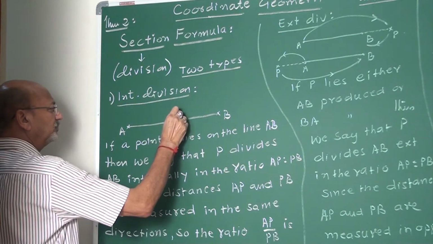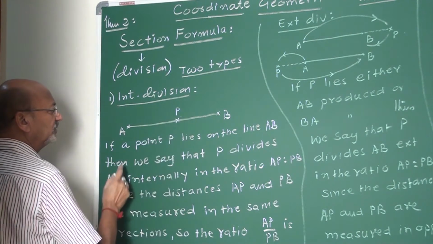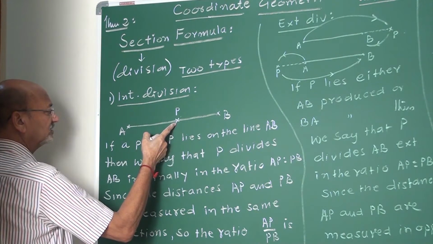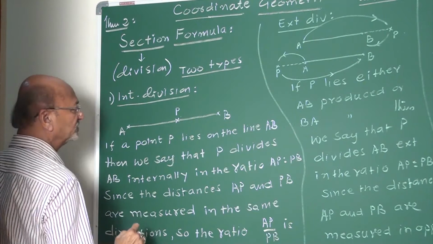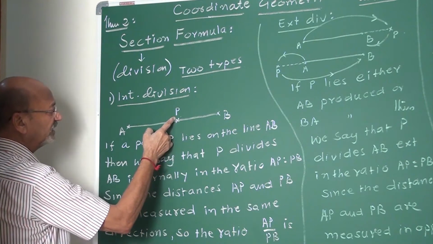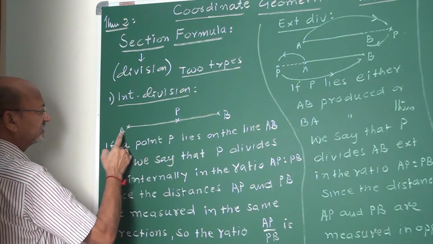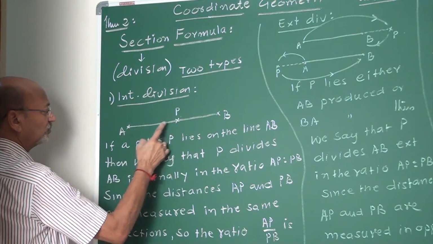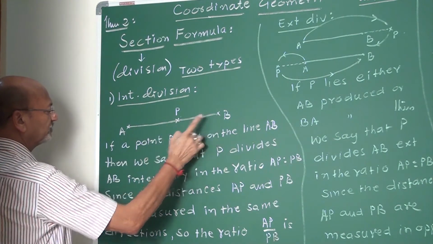If the point P lies on the line AB, then we say that P divides the line AB internally in the ratio AP is to PB.